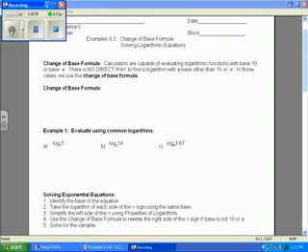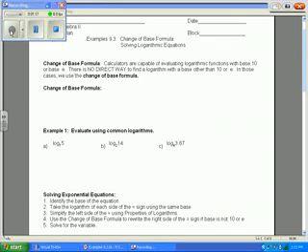Since there is no direct way to find a logarithm with a base other than 10 or e, then we're going to use the change of base formula. And that's going to basically translate a different base into a base that we can use on our calculator. So that formula is this.